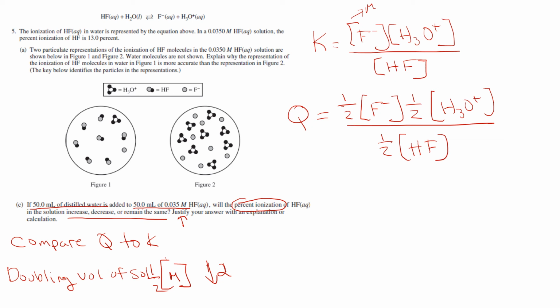If I break this up, I can simplify this. So my Q is going to be equal to 1/2, and the rest of this is my K expression.